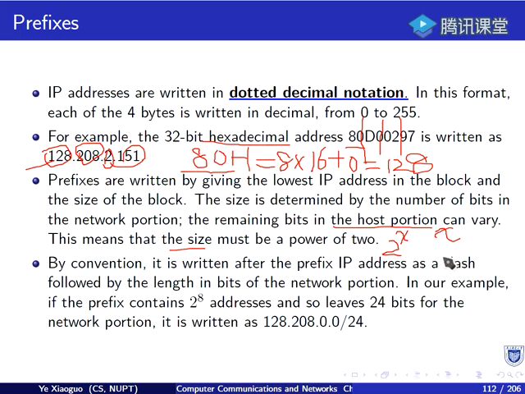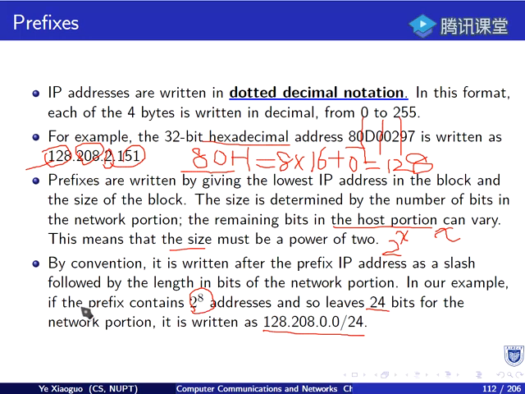By convention, it is written after the prefix IP address as a slash, followed by the length in bits of the network portion. In our example, if the prefix contains 2 to the power of 8 addresses, and so leaves 24 bits for the network portion, it is written as /24. Why?